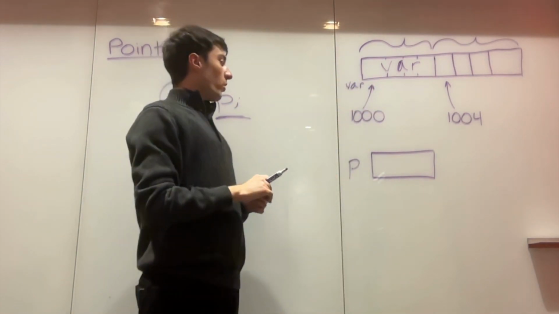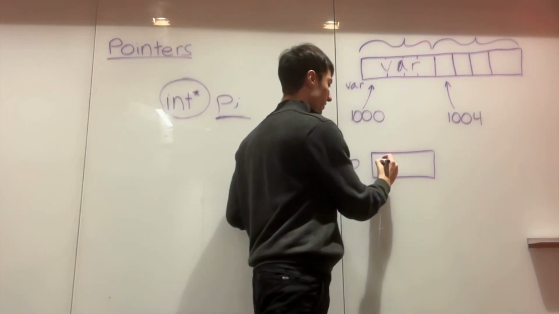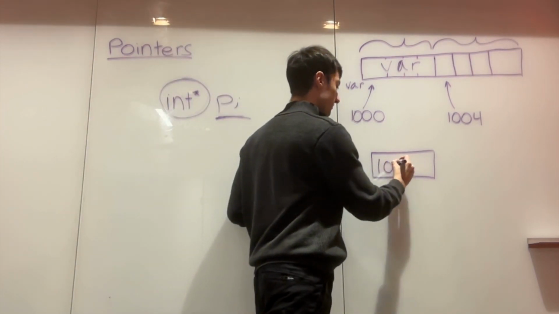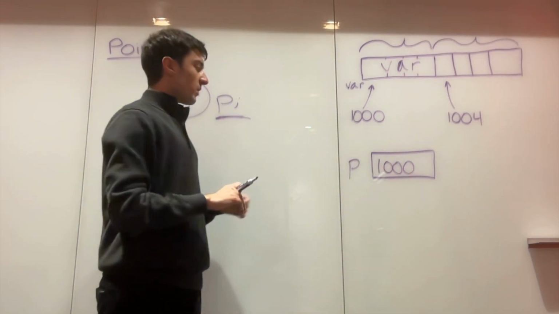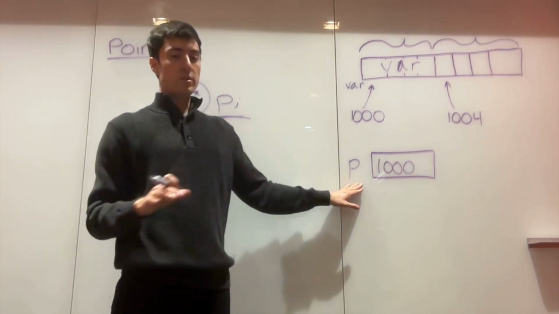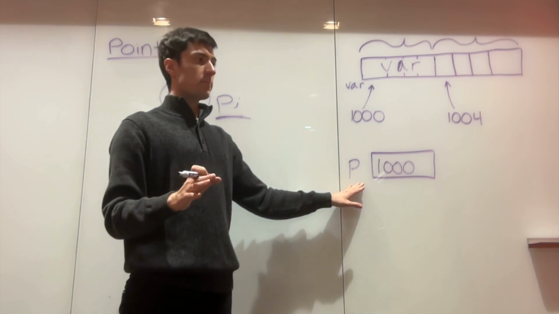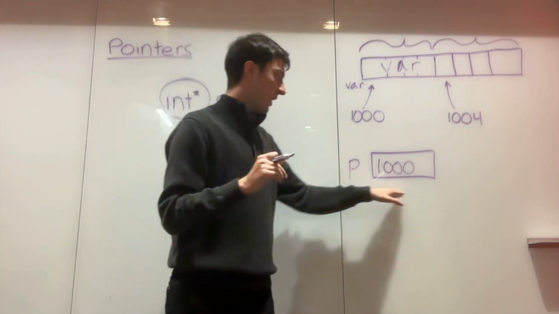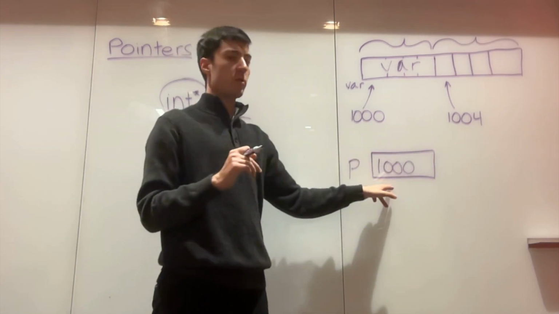So what I want to do is put this address 1000 right here, okay? So what is a pointer value or variable? A pointer variable has a number in it, okay? It is a variable right here that has a number in it.